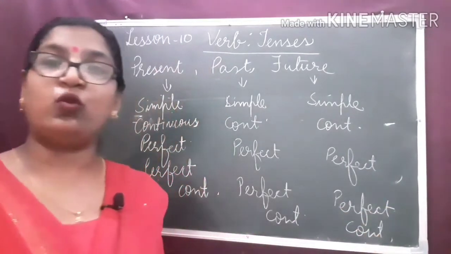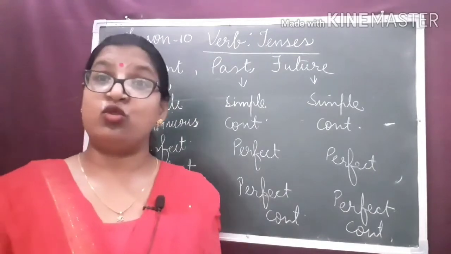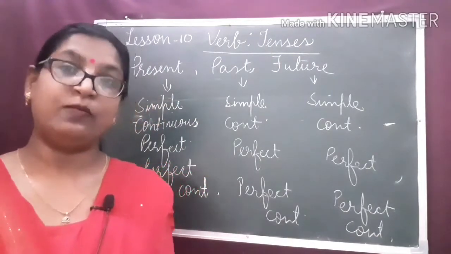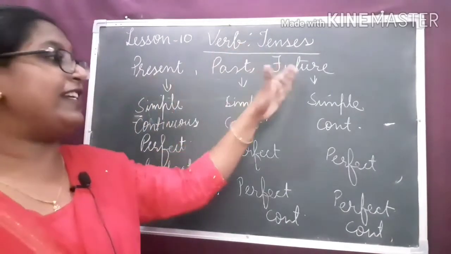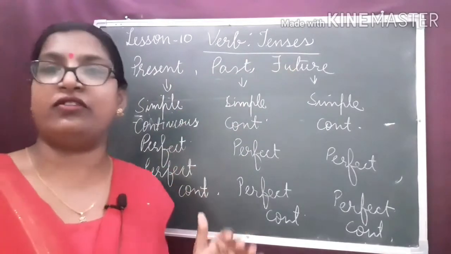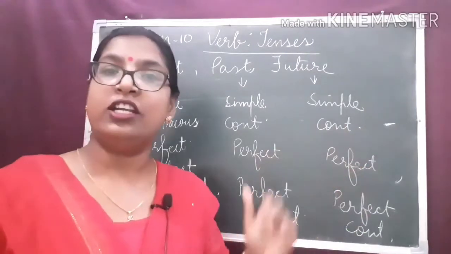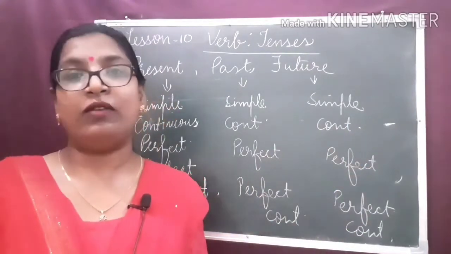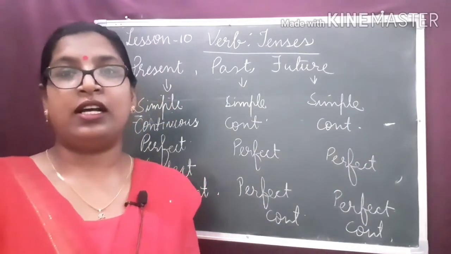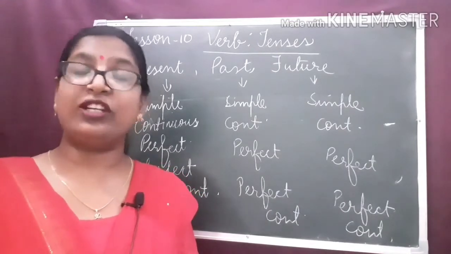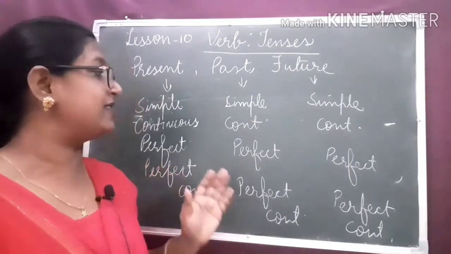So dear children, we can see here there are total 12 tenses. Each tense is divided into 4 more categories. So 4 plus 4 is 8, plus 4 is 12. There are 12 tenses. And in this chapter we are going to study these different tenses.